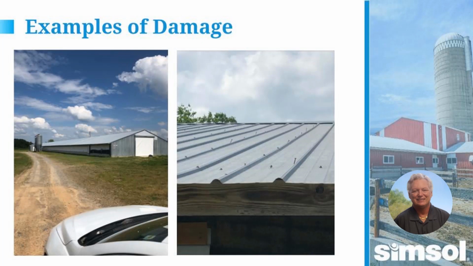That gives me an indication that we've had some type of wind-related activity. On the slide on your right-hand side, I can see that those nails have been popped up by the wind. So we definitely had some type of wind action going on.